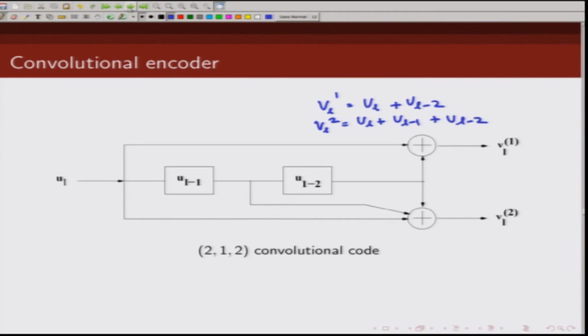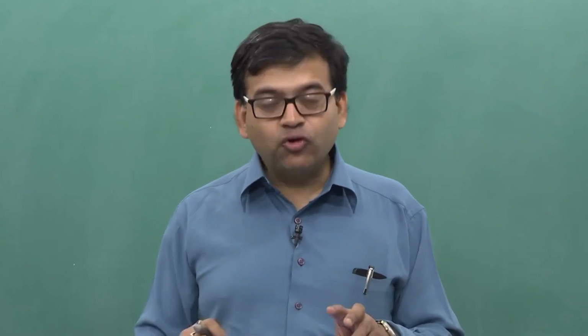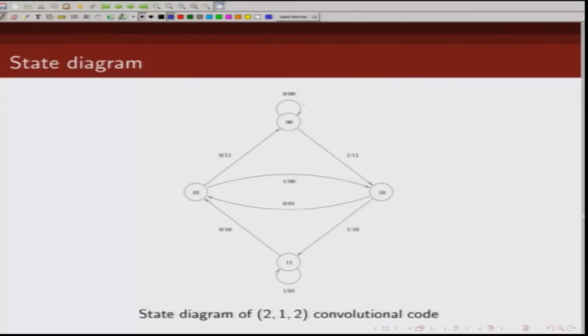Now, the state diagram for this convolutional encoder is given by this. Now, we are going to modify this state diagram for the purpose of calculating the weight enumerating function. So, recall what are the modifications we have to do. We have to remove this self loop around the all 0 state, and we have to split this all 0 state into 2 states, initial state and final state.